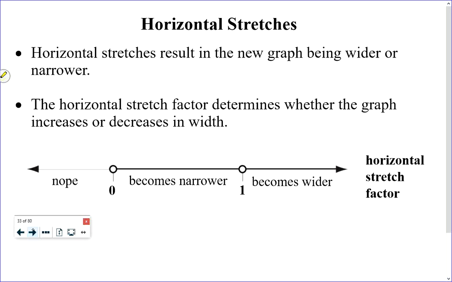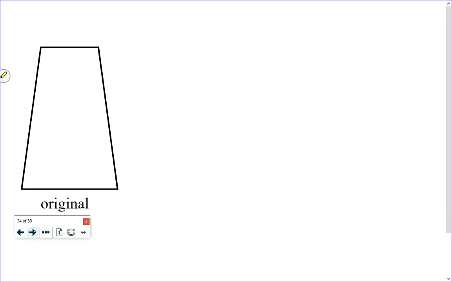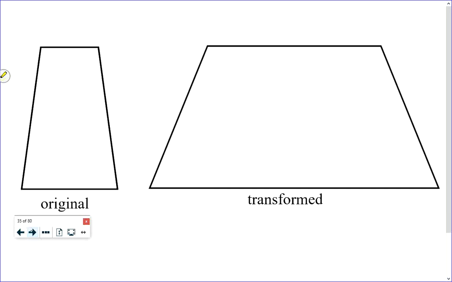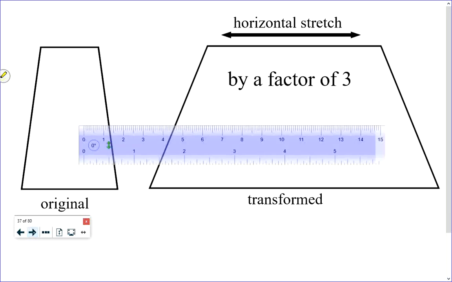But if the stretch factor is between 0 and 1, it's what we could call a compressive stretch. Squeezes things together. But if the stretch factor is greater than 1, then it's an expansive stretch. So this would be a horizontal stretch that's expansive, and it's by a factor of 3 because the thing is 3 times as wide.